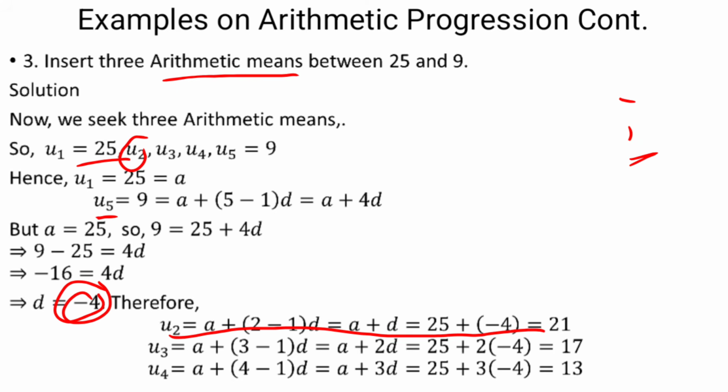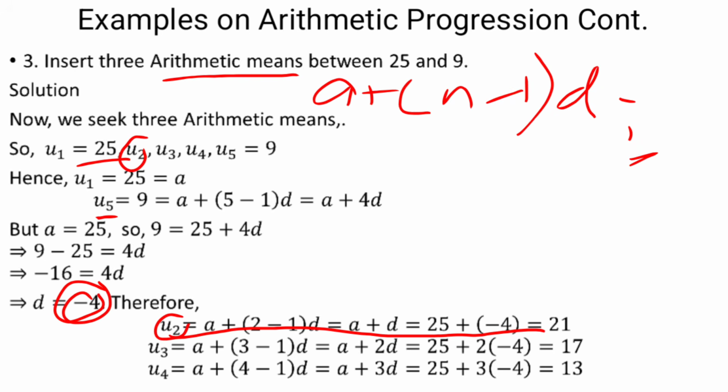And then U3 will be whatever you got for U2, minus 4. Or you just use the formula for each one of them. You know that each term will be A plus n minus 1 d, right? So for U2, wherever there's n, you put 2. You know your d, so you just substitute your values and you know your A and solve for each of the terms. So that's how each of these values were arrived at.